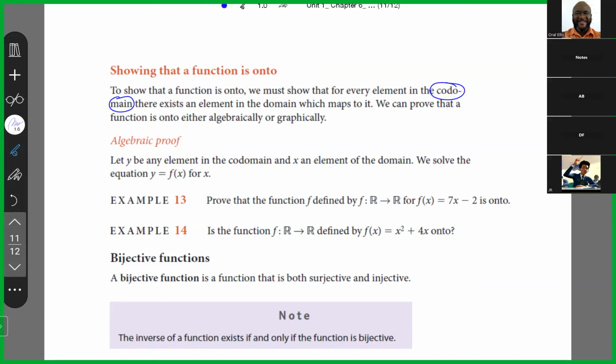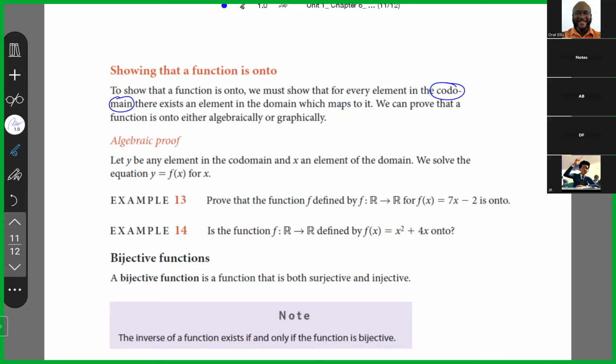Now, the algebraic proof. This says, let Y be an element in the codomain and X an element in the domain. We solve the equation Y is equal to f of X for X. In other words, we're going to start out with Y is equal to f of X, and change the subject of the formula and make X the subject.